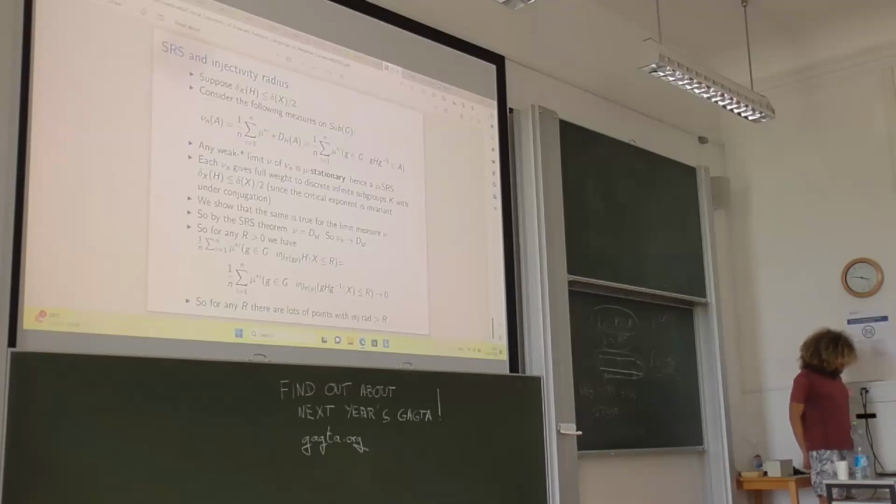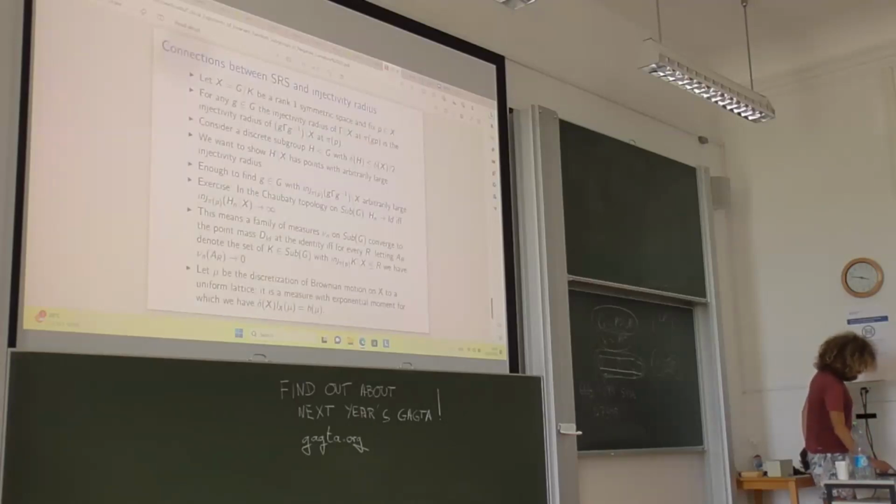So how do you unpack that? From the definition of this measure, it means the weight that μ_n assigns to A_R, the subgroups which have injectivity radius less than R at the base point, converges to 0.